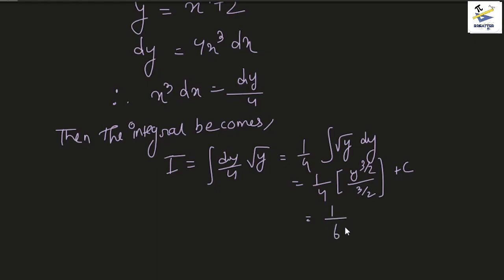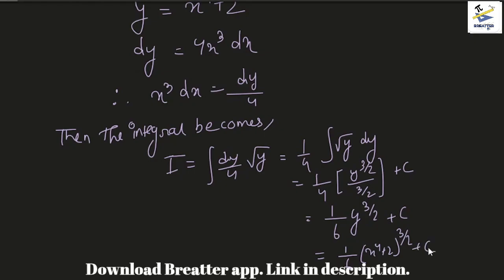So the answer is 1 by 6 y to the power 3 by 2 plus c, and if you substitute y back, y was x to the power 4 plus 2, so it's 1 by 6 into x to the power 4 plus 2 whole to the power 3 by 2 plus c, which is the answer for our integral.